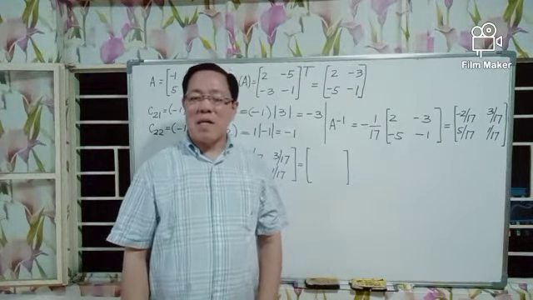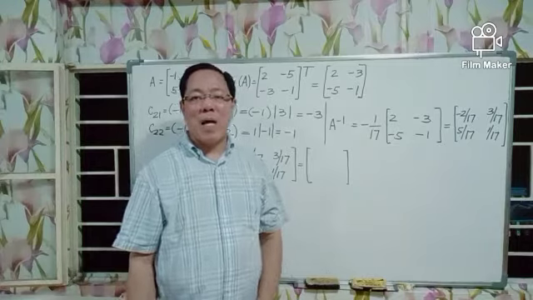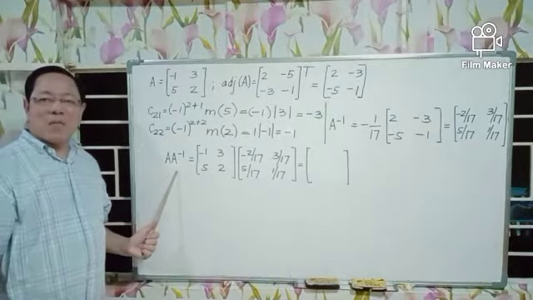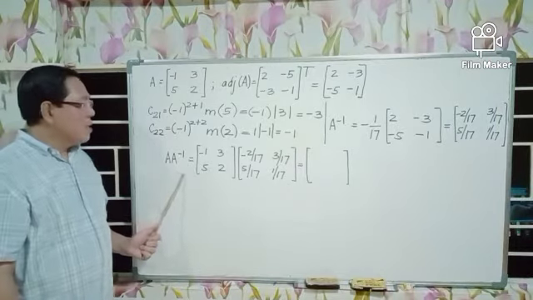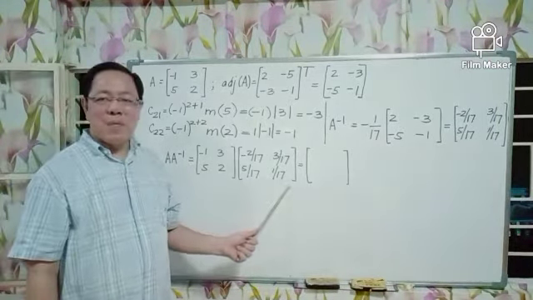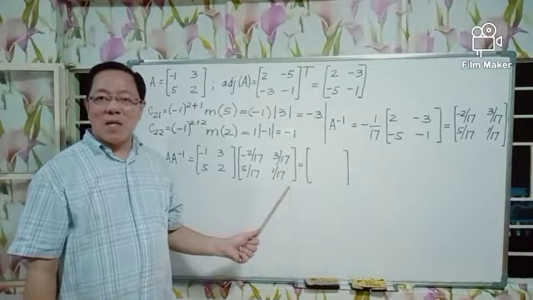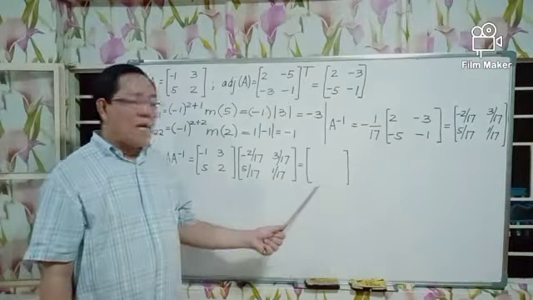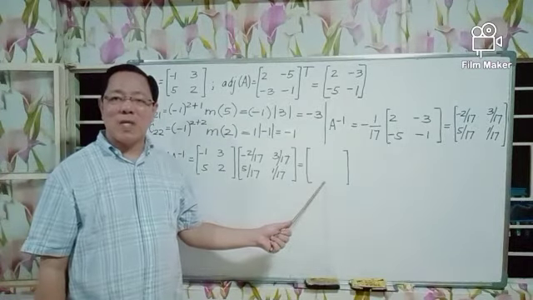Now we check if that is correct by multiplying A by the inverse of A, denoted by A to the minus 1. This is matrix A and this is A to the minus 1. If we get the correct inverse of matrix A, the product of these two matrices should be the identity matrix of size 2 by 2.